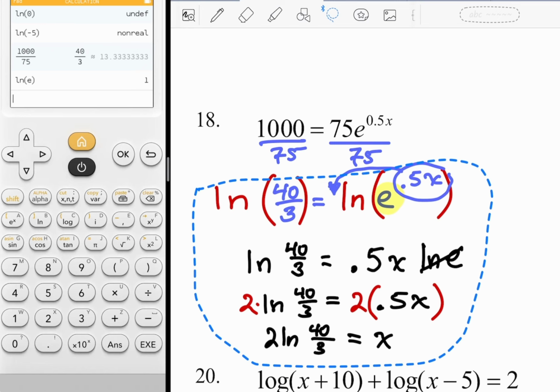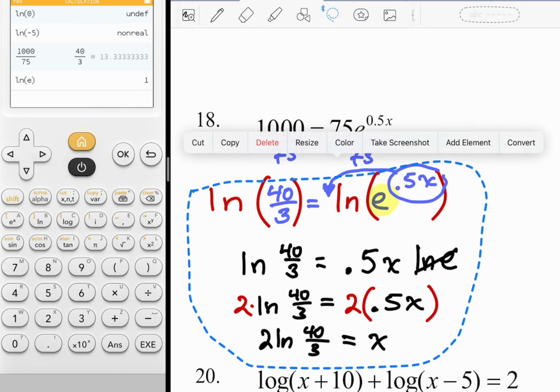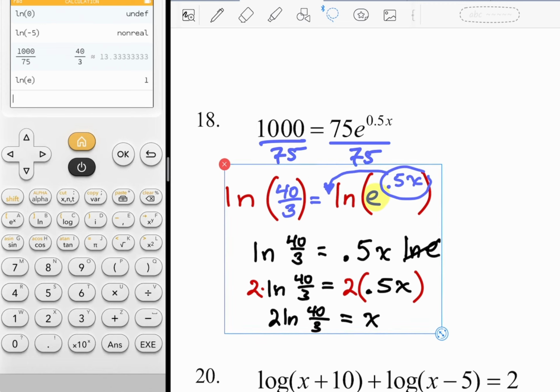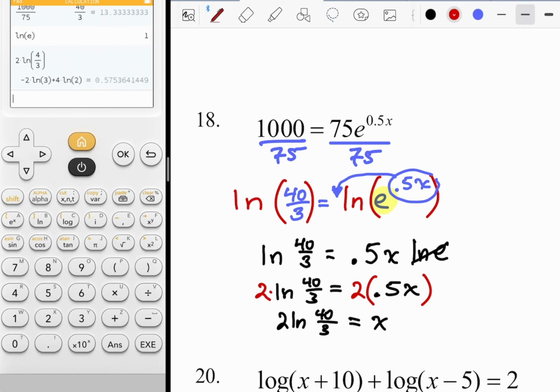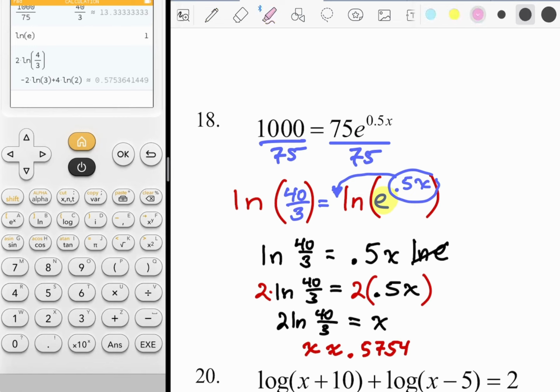Now here, you could go either way, but just to get a sense, 2 ln 40/3 is approximately 0.5754. But this is actually, believe it or not, the nicer answer, because this is exact, this one isn't.